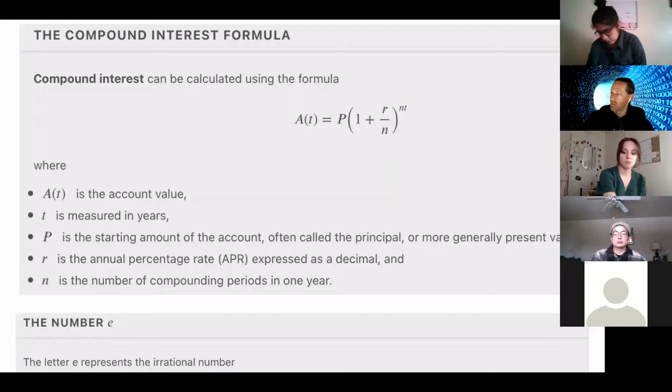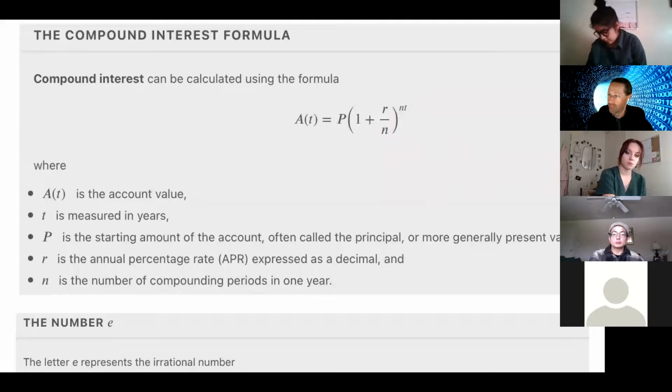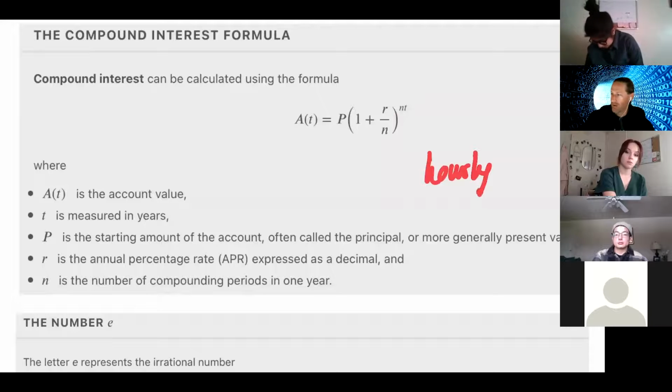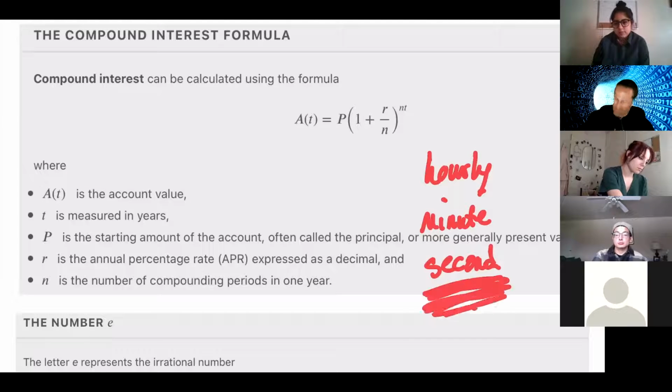Give me interest every day that you have my money. Then what would n be? 365. Yeah. What would be better than that? Hourly. Pay me every hour. What would be better than that? Minute. Seconds. Pay me every second you have my money.